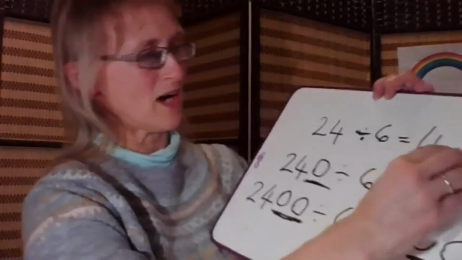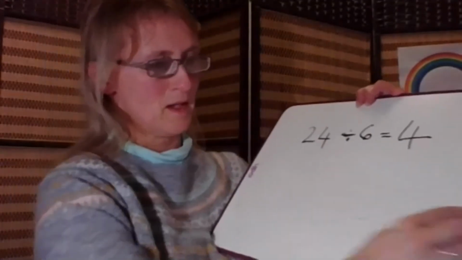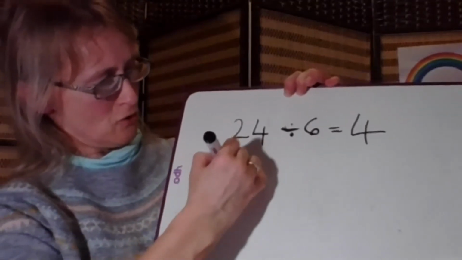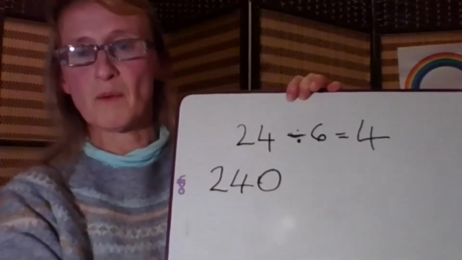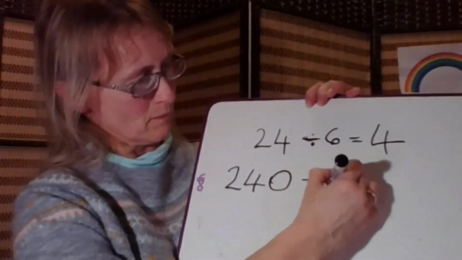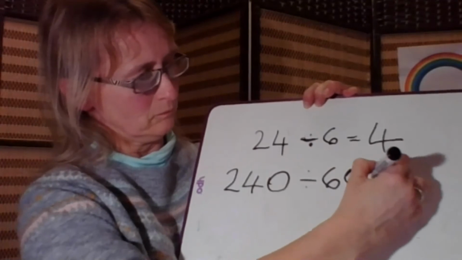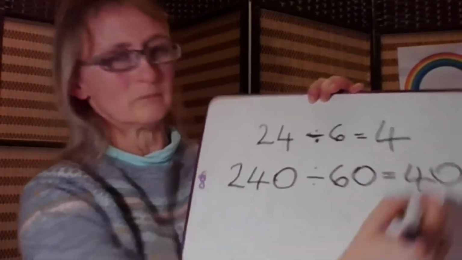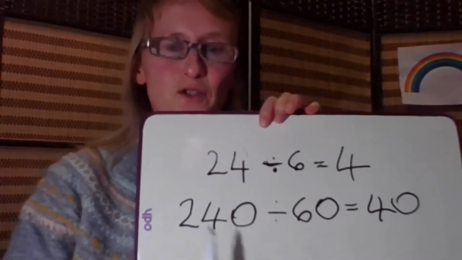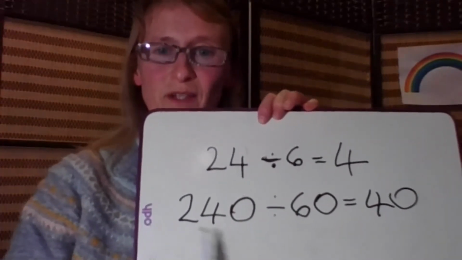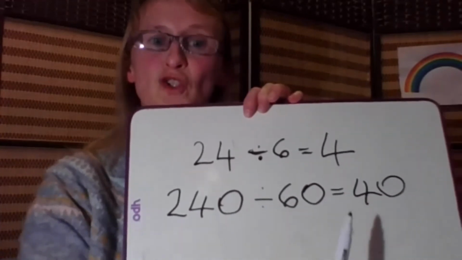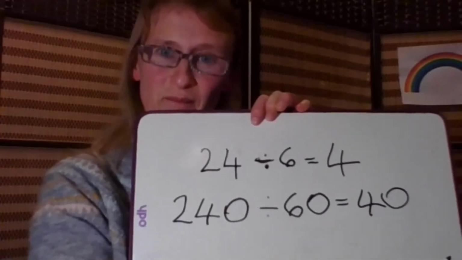But I tell you one fact I do not know. I do not know this fact because it is not true. Here we are. I've made 24 10 times bigger. Be careful. I do not know this fact. 240 divided by 60 does not equal 40.